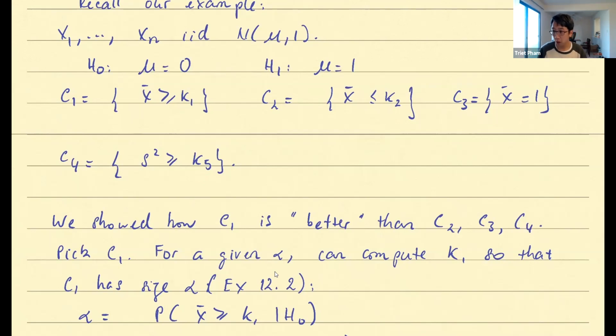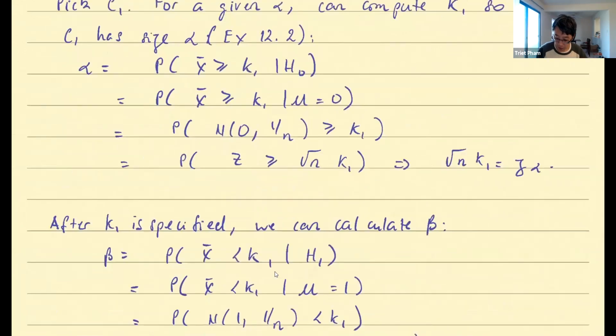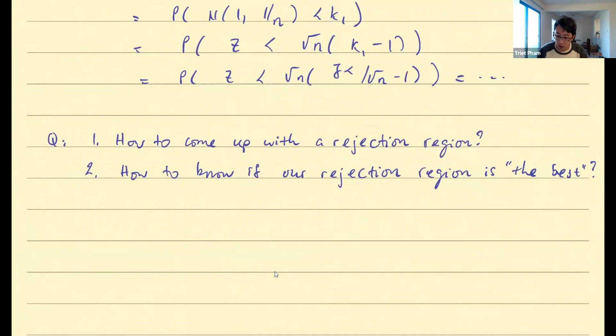But ultimately, there's no routine, no methodology of how we come up with this. So that's the first question. Let me give you a sneak peek. This question has no right or wrong answer. The how-to is just different methods.